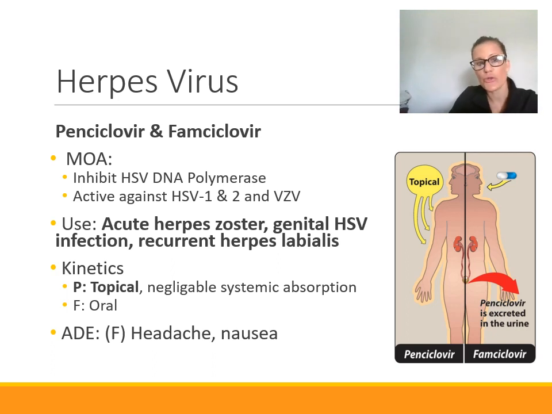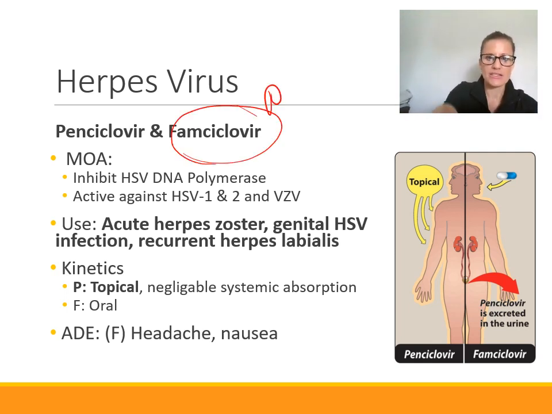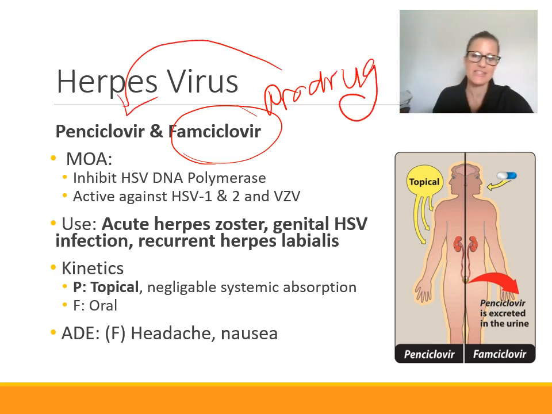Okay, so moving on to Penciclovir and Famciclovir. They're really closely related to each other because Famciclovir is the prodrug of Penciclovir. And the difference is like how they're given. Penciclovir, you guys see over here, is topical administration.